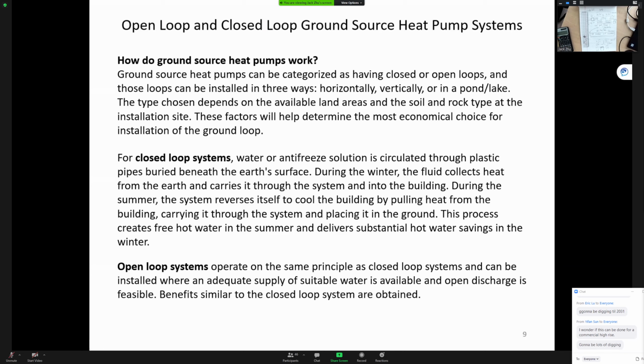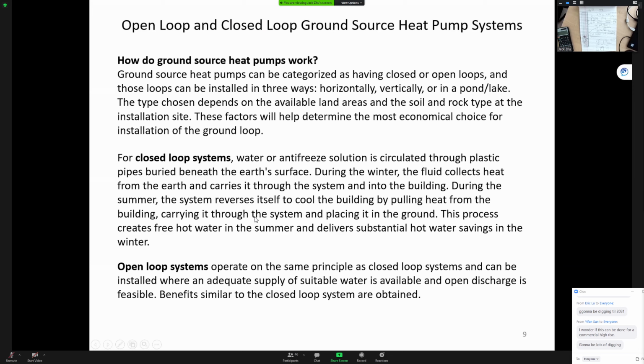Then you discharge the water back into the lake or pond. Usually for the open loop system, if you want to install one, you have to get some kind of special permit, because in Canada the water belongs to, I think, the federal government. You have to get a permit from them. It has to be environmentally safe, you're not causing any pollution to the water, before they will give you the permit to use it.